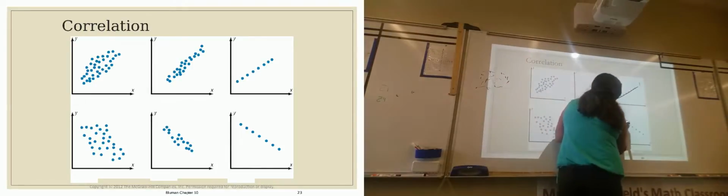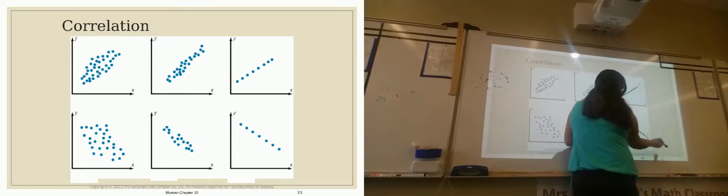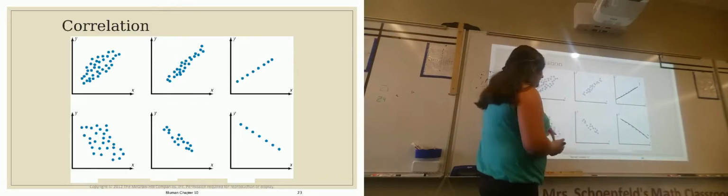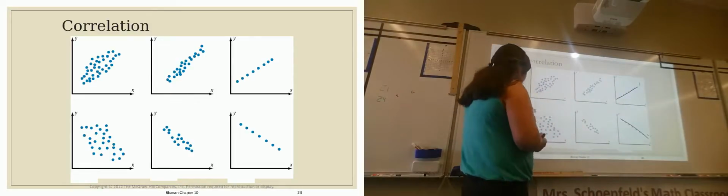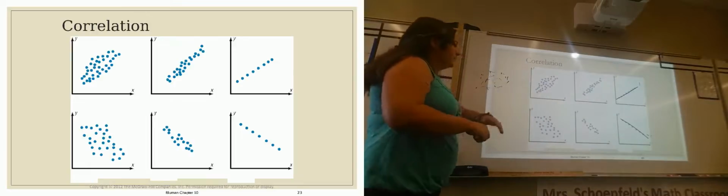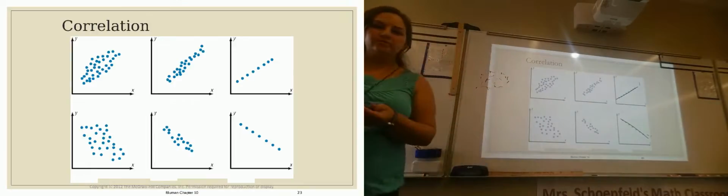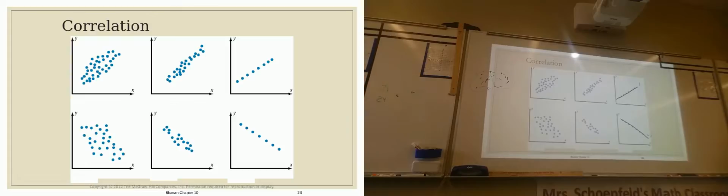This would be close to -1. This would be close to +1. These would be somewhere in between, positive and negative. So they say 0.5, 0.9, 1, -0.5, -0.9, -1.